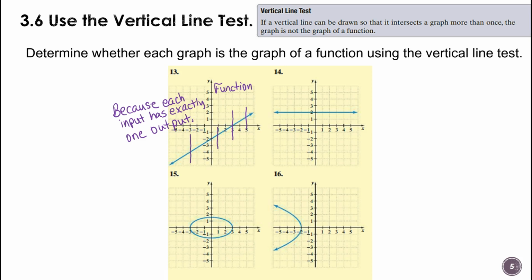So none of the x's repeat on that. On the next one, it's just a horizontal line, and you can see it's never intersecting more than one time. So this one is also a function.